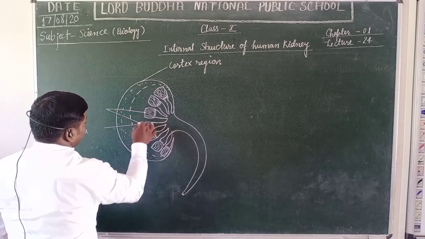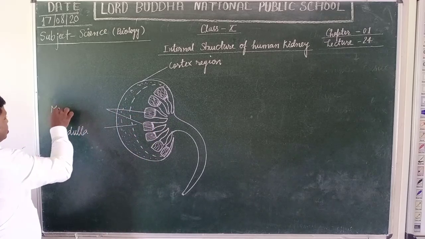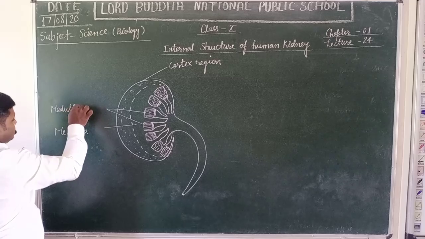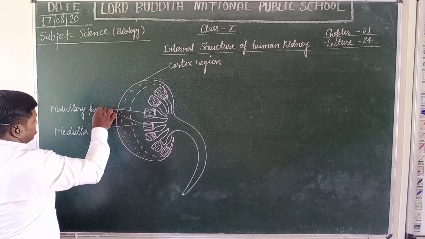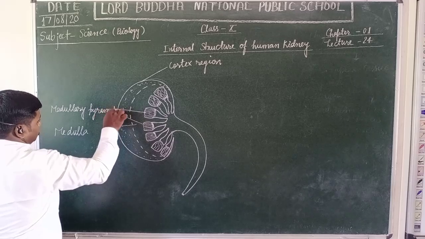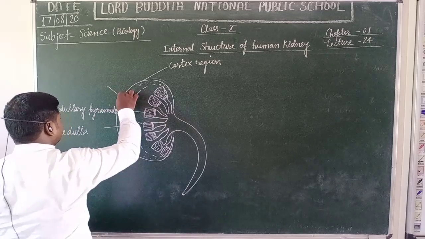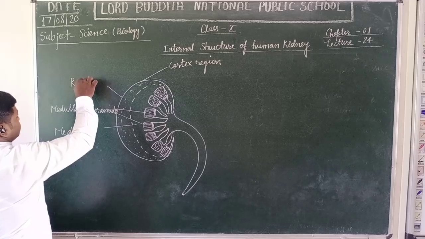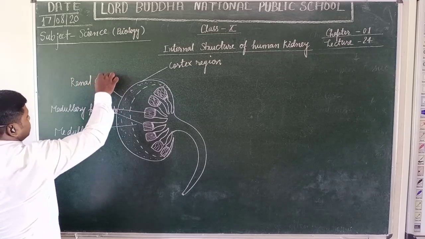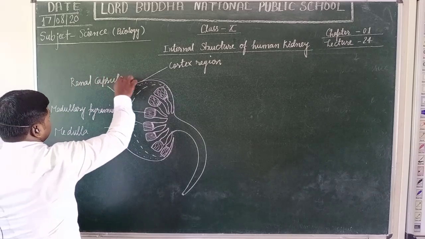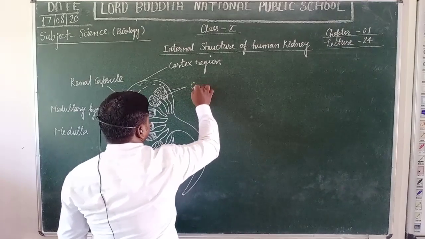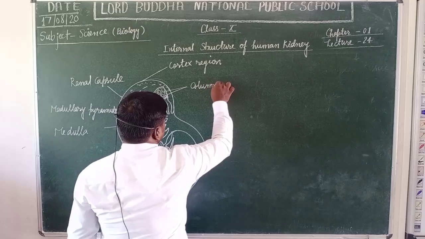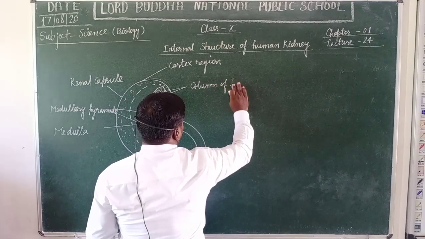These are the medullary pyramids. Renal capsule. Column of Bertin.